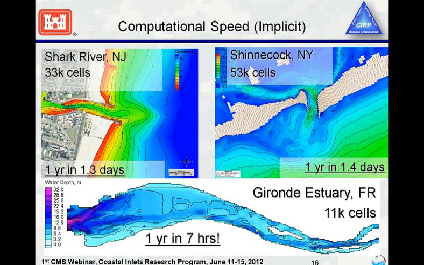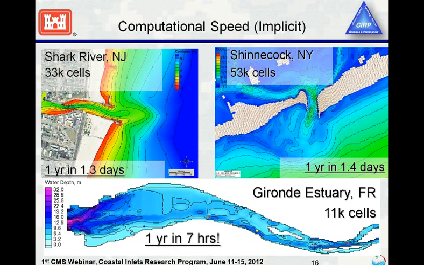When using the implicit model, some of the computational speeds you can see from these examples here allow us to come up with a much faster answer than with the explicit version. The Shark River case, it only had 33,000 cells, and we got a year answer, a decent year answer too, in 1.3 days.